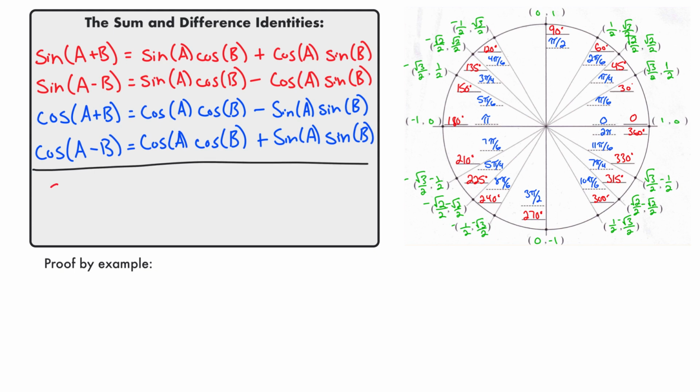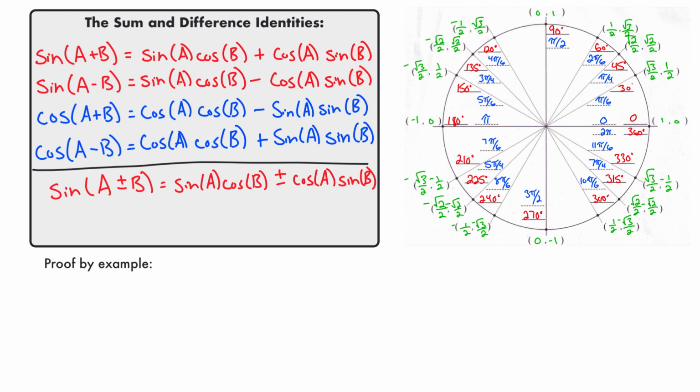Another way of thinking about this is the sine of A plus or minus B is equal to sine of A cos of B plus or minus cos of A sine of B. So if you start with addition inside of a sine function, you're going to have addition in your identity. If you start with subtraction in your sine identity, you're going to deal with subtraction in the identity.